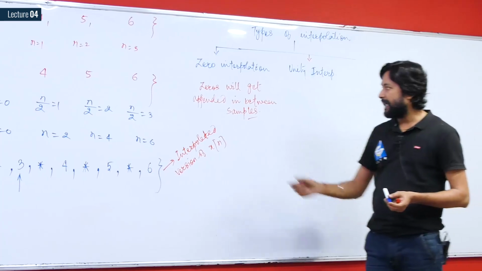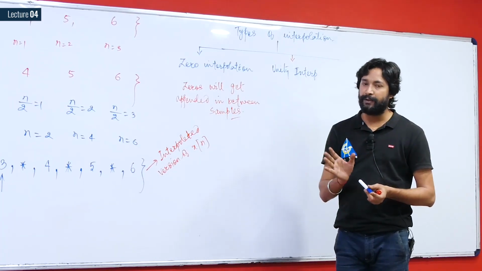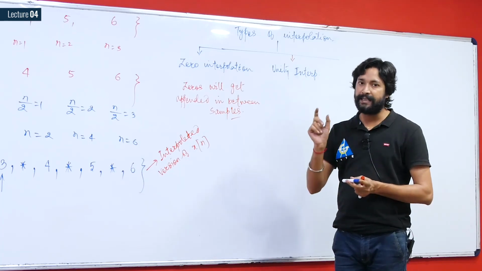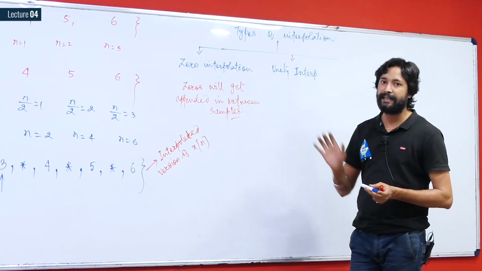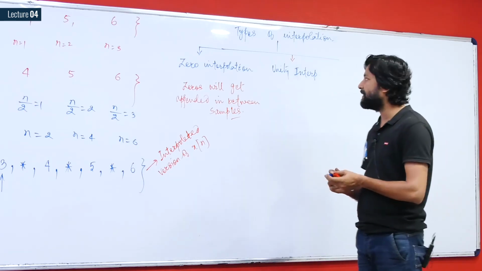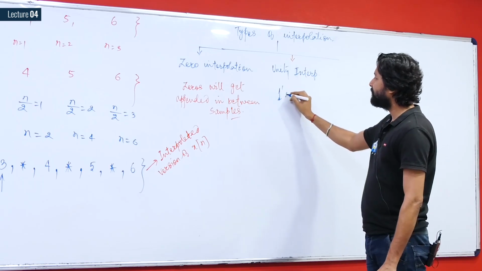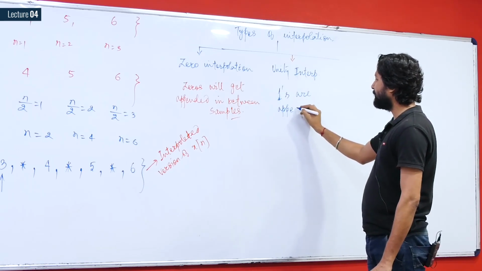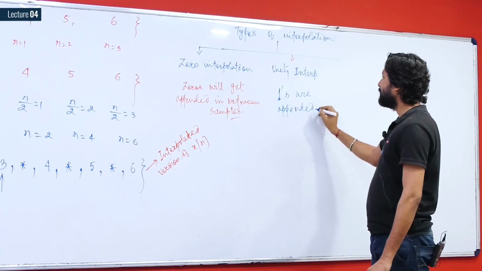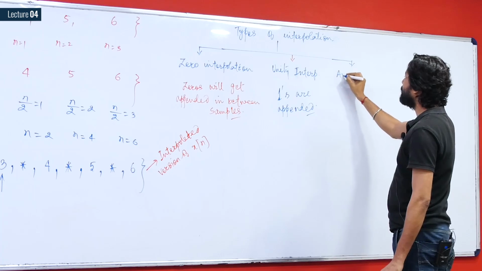As we append zeros in between samples, if instead of zeros you append ones in between the samples, then the procedure is known as unity interpolation. That is, ones are appended at the places of the star marks. Similarly, there can be average interpolation.